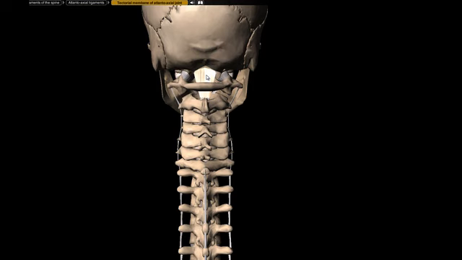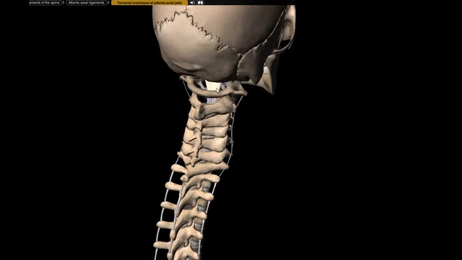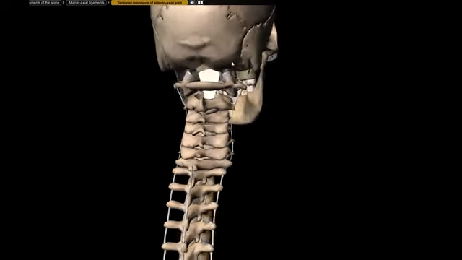The tectorial membrane is contiguous with the posterior longitudinal ligament. So we can see that posterior longitudinal ligament running the length of the spine along the posterior surface of the bodies of the vertebrae, and the tectorial membrane as that upper extension.